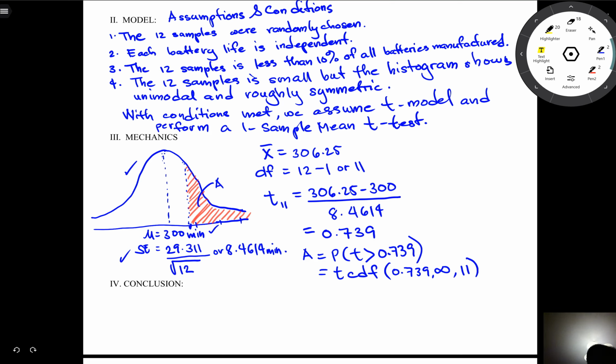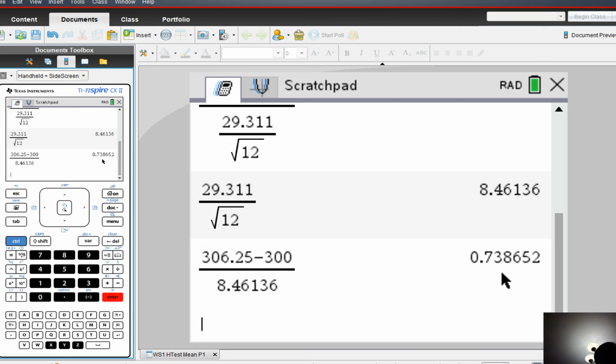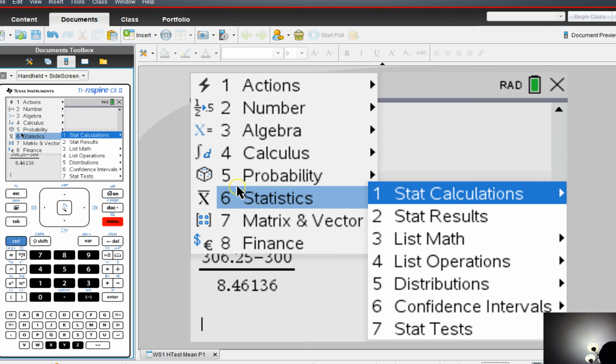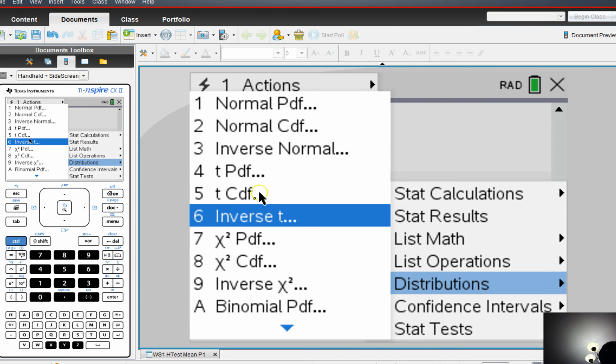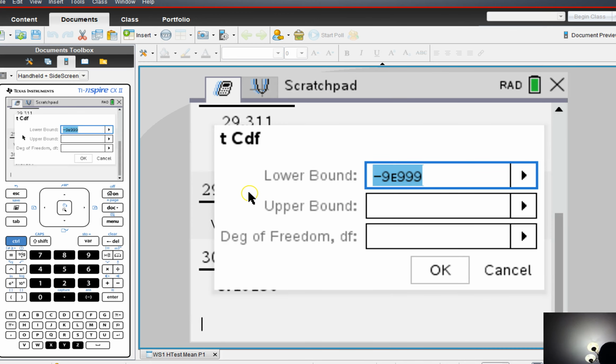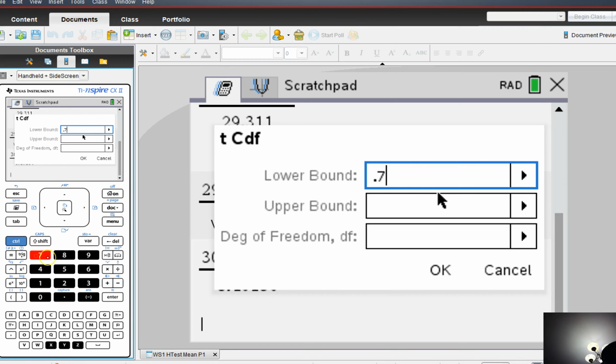So let's get that using our calculator. Menu, stat, distribution, TCDF right here. Our lower bound is 0.739.